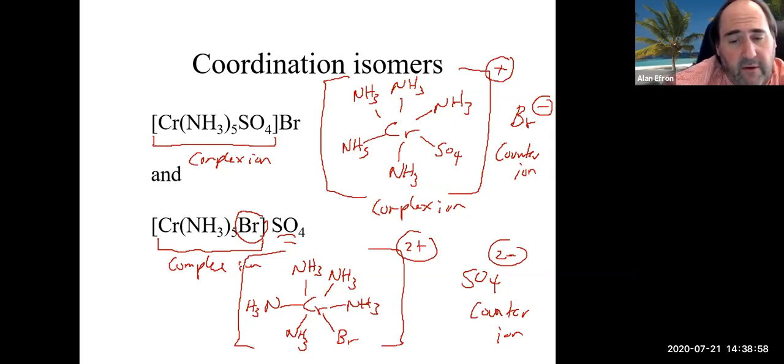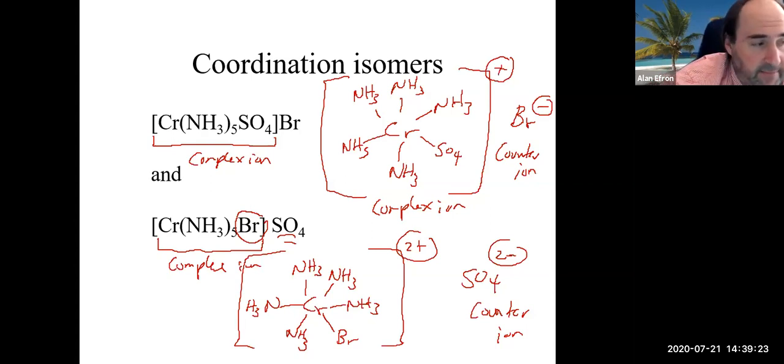So again, they are definitely related to each other. They will have some different properties for sure because of the different ligands that are attached, and also the different charge for our complex ion. In the case of the top one, the overall complex ion has a +1 charge, while in the second one, it has a +2 charge.